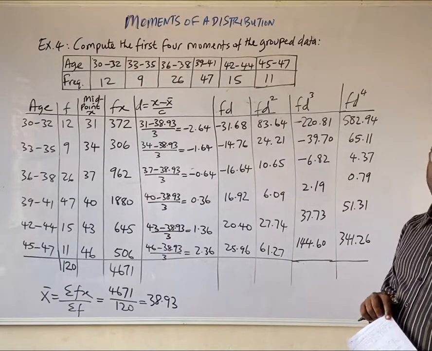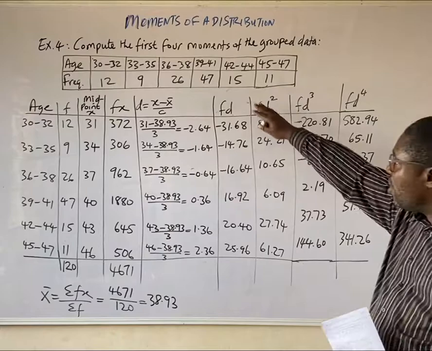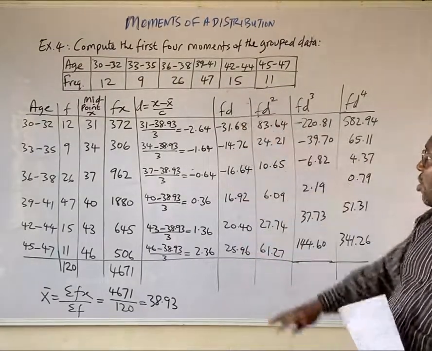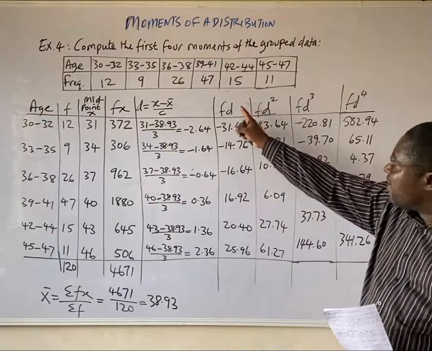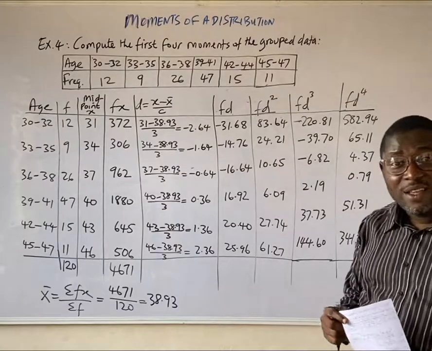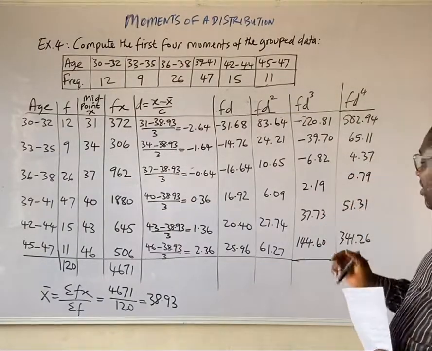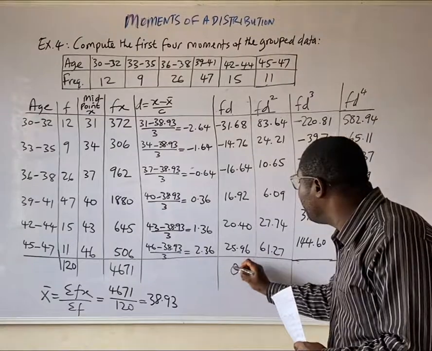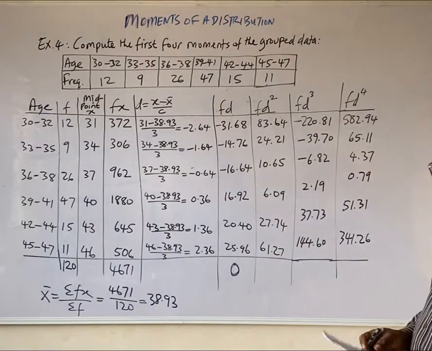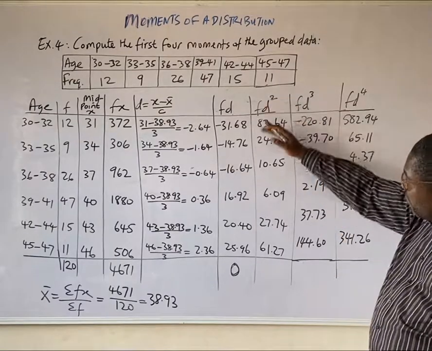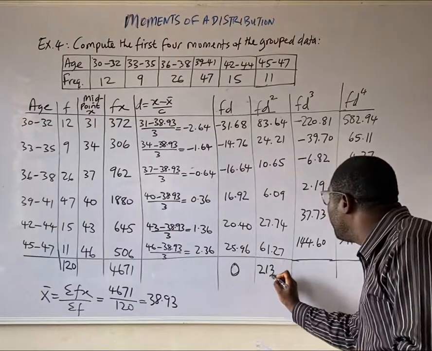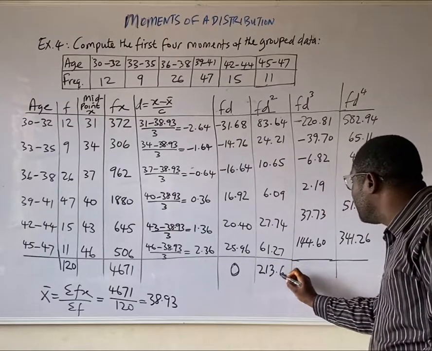Yes, we now calculate the summation of the degrees of deviation. What should you have for this one? It should be 0. Whatever decimals you have beyond that, you can ignore. The next summation, please do that quickly. What you should have is 213.60.